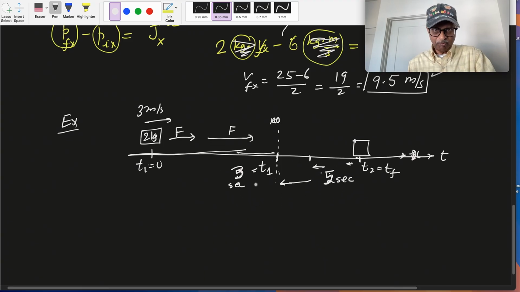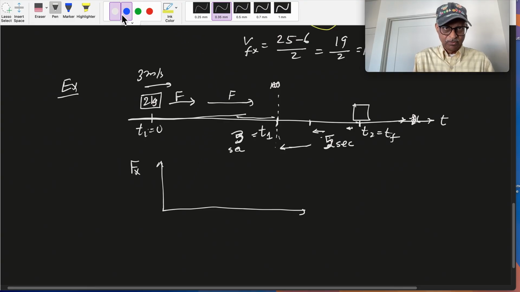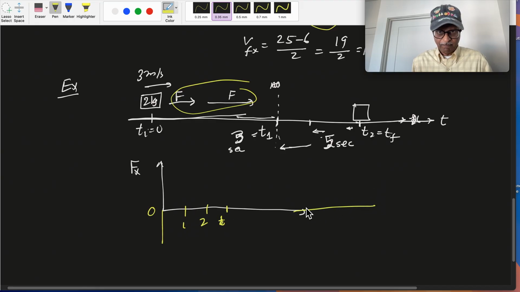So I'm going to plot this to just give you a sense of what it might look like. Fx. These are all positive, so it's going to be above 0, and then there will be up to T1, 1, 2, this is T, 3, 4.